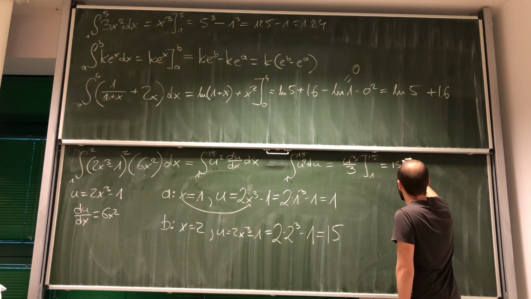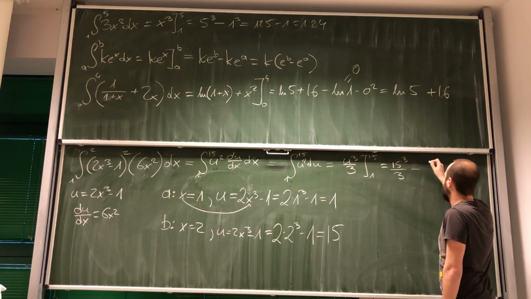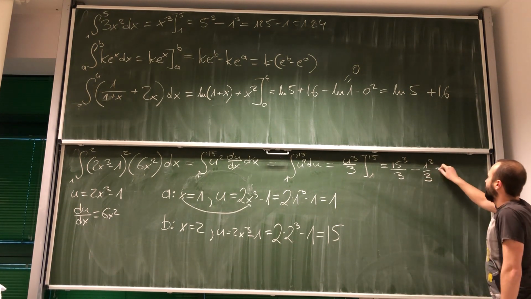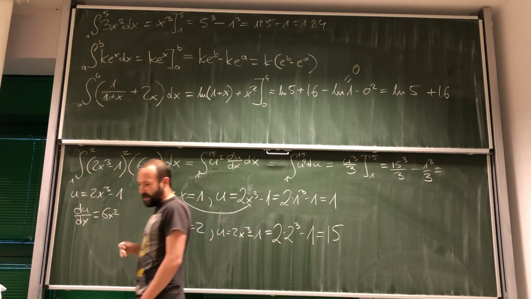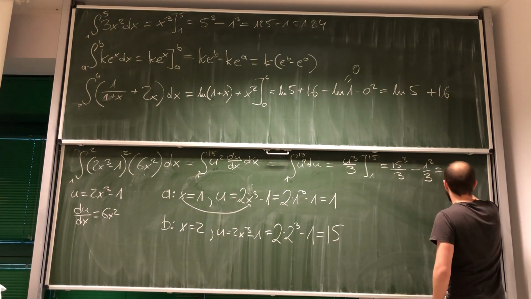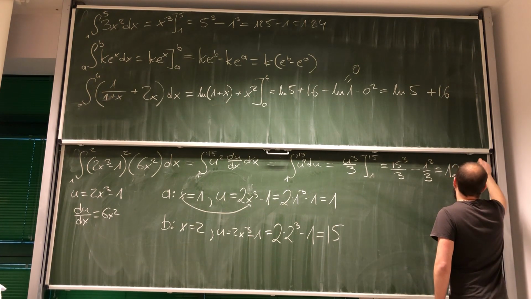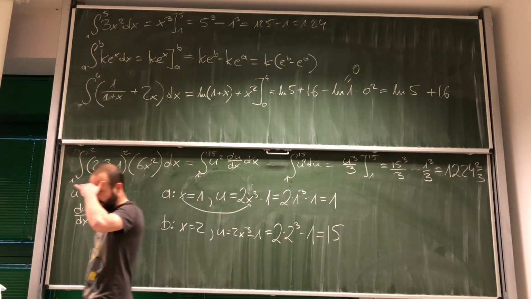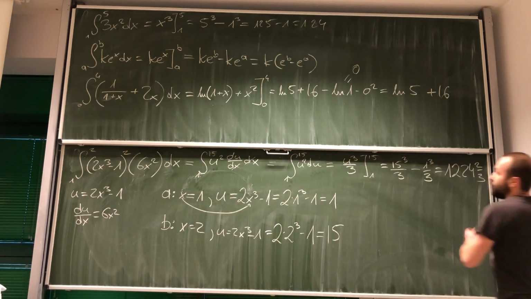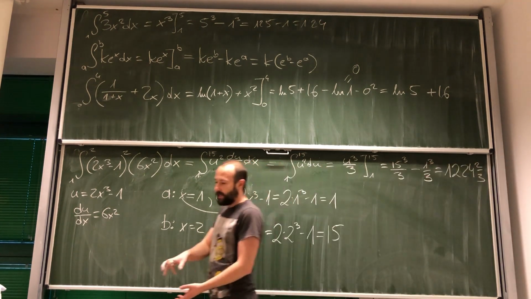So again, this is 15 to the power of 3 divided by 3 minus 1 to the power of 3 over 3, which after various calculations is going to give us 1,224 and 2/3. Let me just check. Yes, exactly.